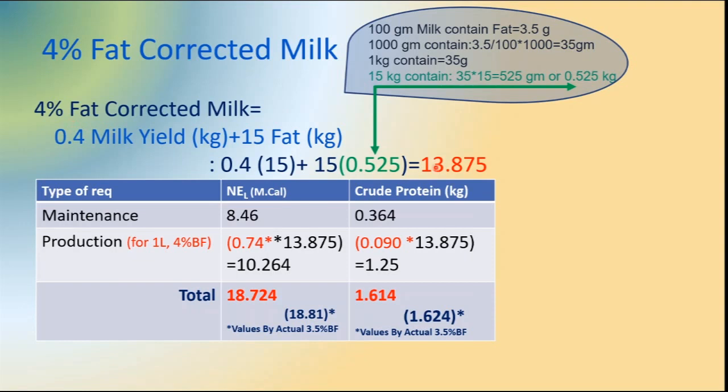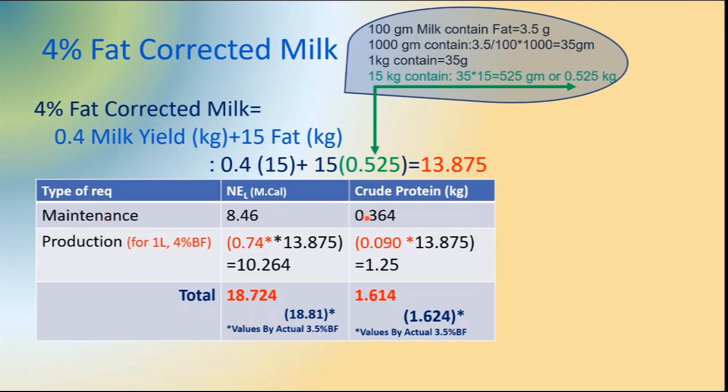In actual, this animal is producing 15 liter of milk, but when we convert butter fat from 3.5 to 4%, we get this value. So for nutrient requirement calculation, we will use this value rather than 15 liter, if we consider the nutrient requirement value of 4% butter fat.